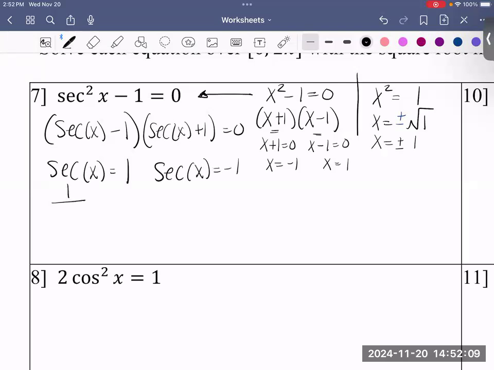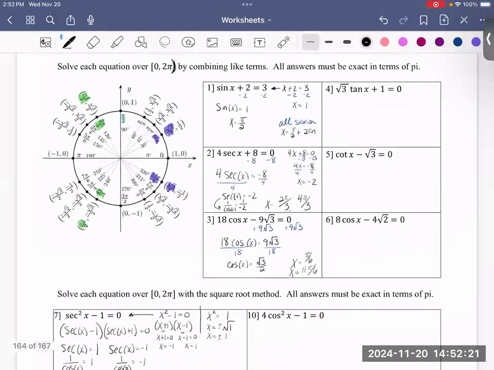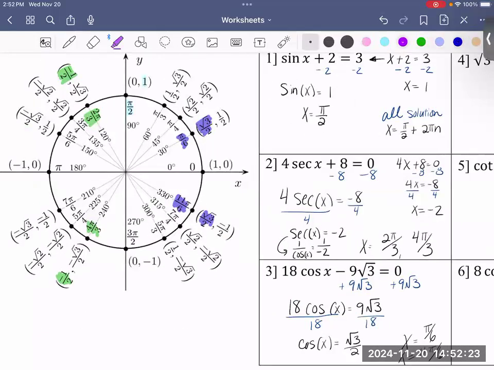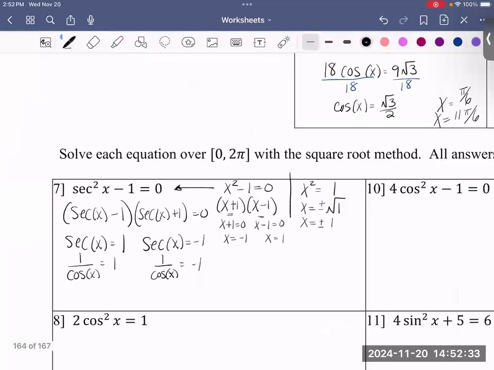This is again where we have cosine is equal to 1, or 1 over cosine, I should say, is now equal to negative 1. So this will only happen on your unit circle up above here, where your cosine is your x value. So from 0 radians, or if we're looking at negative 1, we're looking at pi. And again, we're just going to be looking at your angles between 0 and 2 pi.